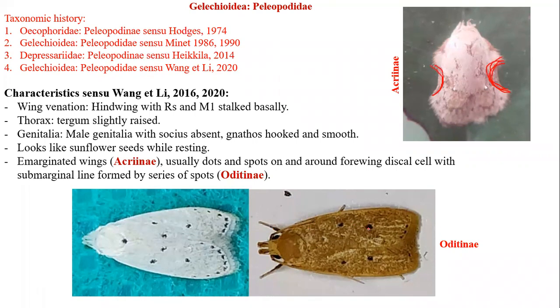They usually have spots on and around their forewing discal cell, as well as a submarginal line made of a series of spots. You are seeing here. Following these characteristics, if we can identify these two subfamilies, it's easy to identify this family, I think.